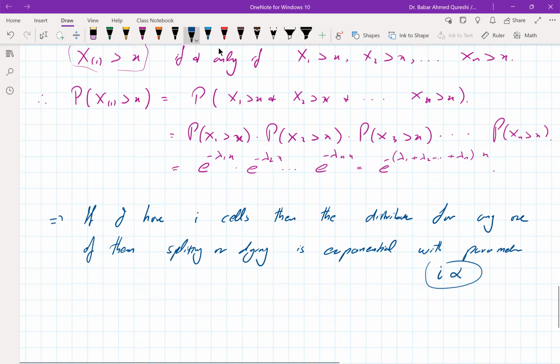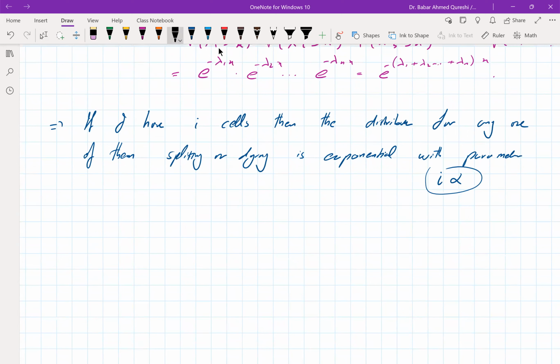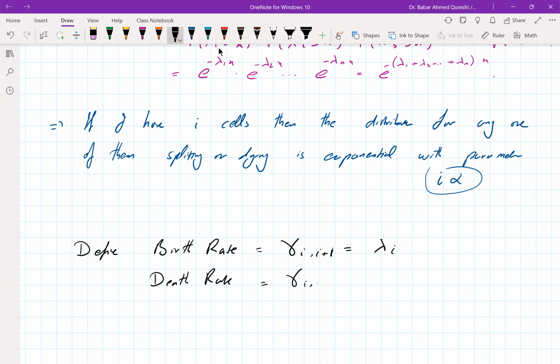Now, people define this jump probability as the birth rate of the ith population number, and mu I as the death rate, the death probability over here.